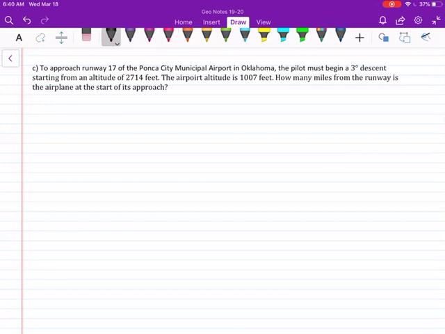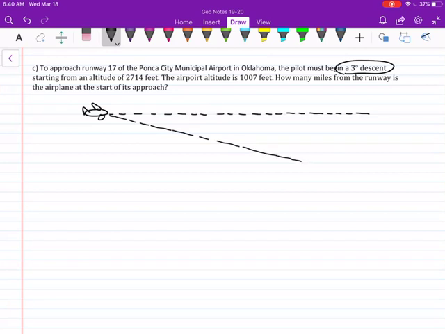All right, so let's draw ourselves a little picture here. We got a plane. Sorry, my plane is not very good. Here is the plane's horizontal line of sight. And I'm going to do a 3-degree descent. So if it does a 3-degree descent, then I'm going to get to the runway.